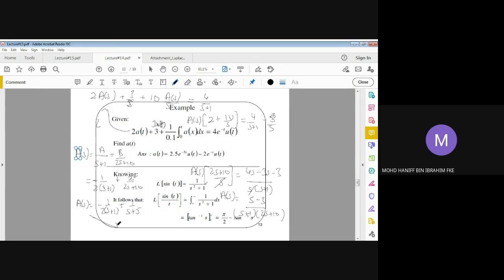So we can now proceed with the inverse Laplace transform. We're going to have a(t) shall be equals to negative 1 over 2 e^(-t)u(t) plus e^(-5t)u(t). So that should be your a(t) in time domain.